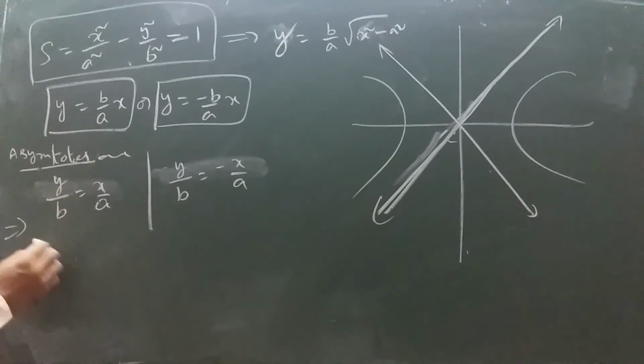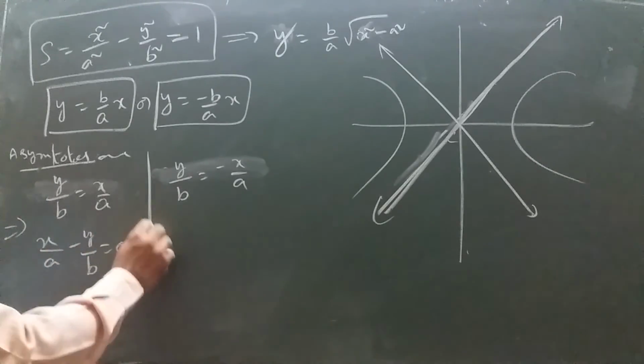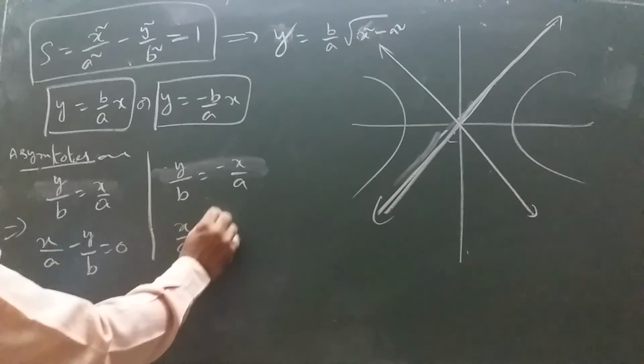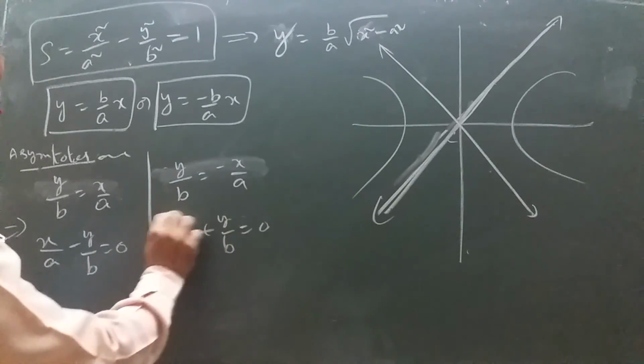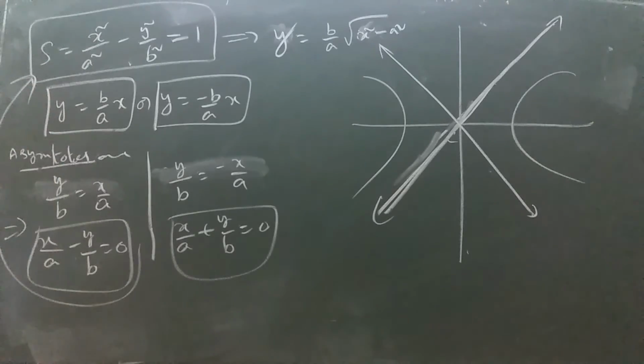If you rewrite this, x by a minus y by b is equal to 0, or x by a plus y by b is equal to 0. These two are the asymptotes of this equation.